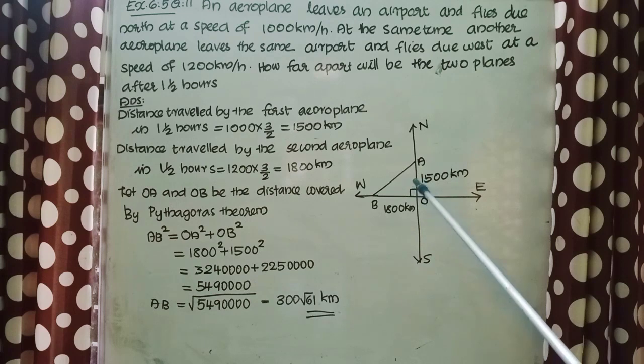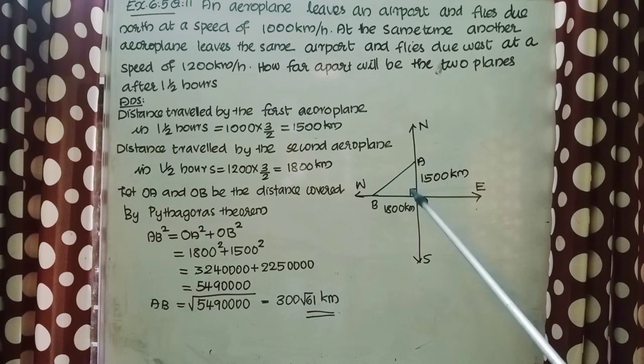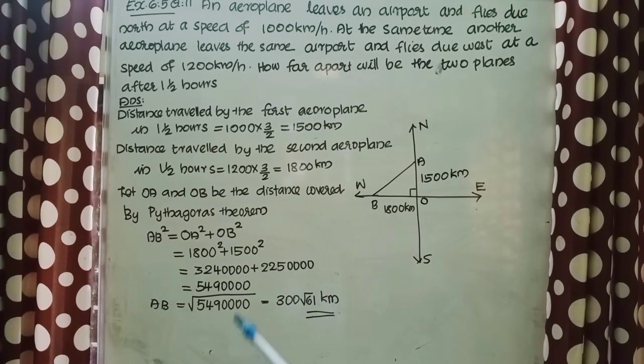You can see this is a right triangle, so we can apply the Pythagoras theorem here. By Pythagoras theorem, AB square equals OA square plus OB square, that is equal to 1800 square plus 1500 square, that is equal to 32 lakh 40,000 plus 22 lakh 50,000, that is equal to 54 lakh 90,000.